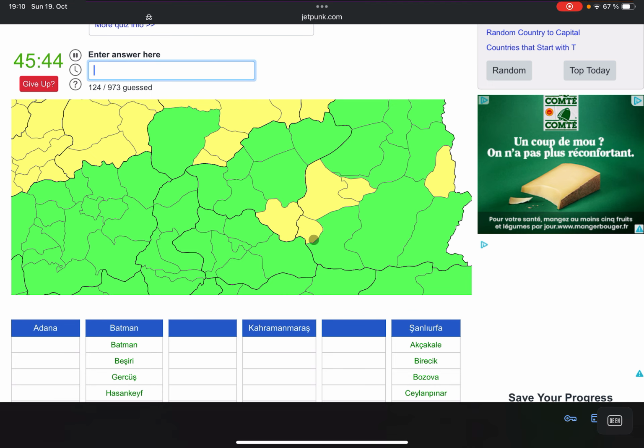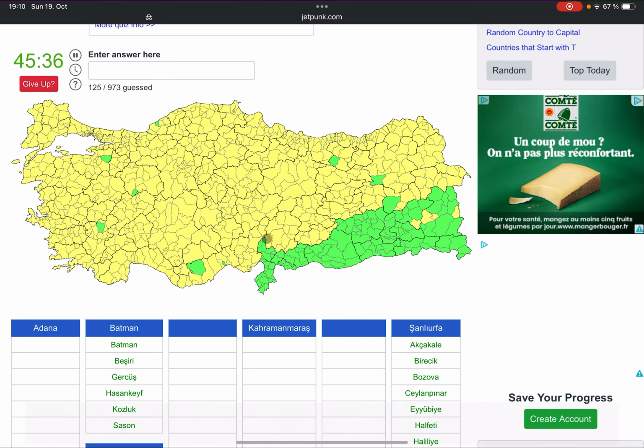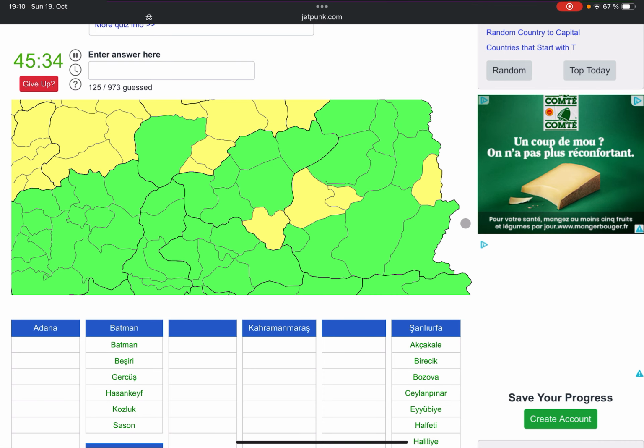This should be Bahçesaray. Here again, Bahçesaray, similar to the one we started with that had Bahçe in its name. And actually, Bahçesaray is also one of the bigger cities on the island of Crimea.